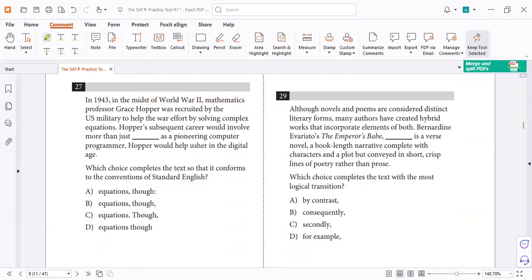26 A. Yes. Okay. 27 B. 27, we need to read again. Oh my God. Okay. You hate it.